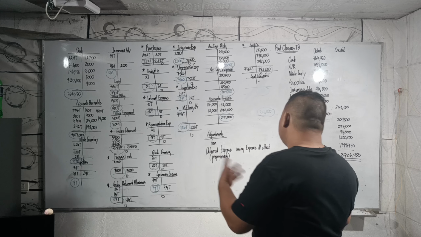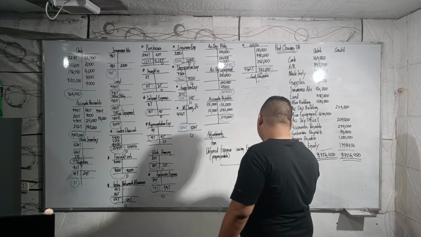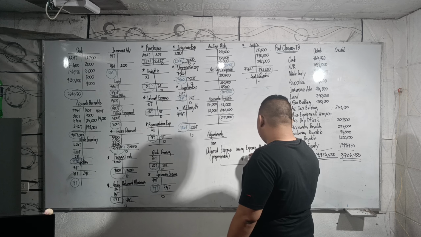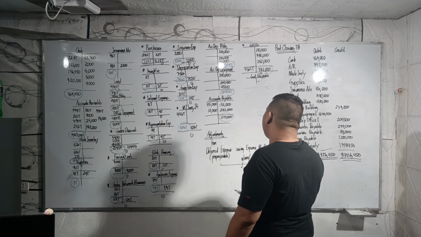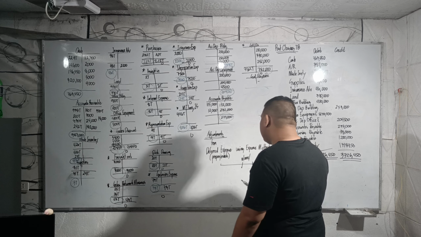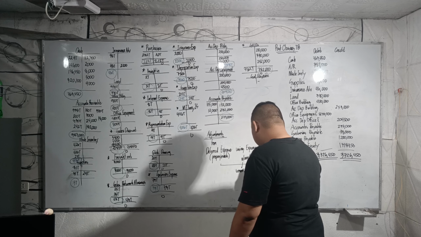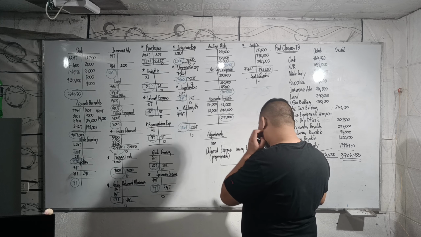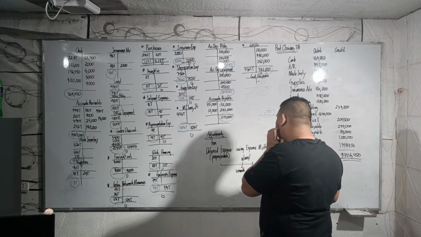Okay? So what does it mean? Something like this. For example, we are at October 1, 20x5. You have paid for 6 months of rent, and the rent is about 100,000. To make it easier, 100,000 per month.